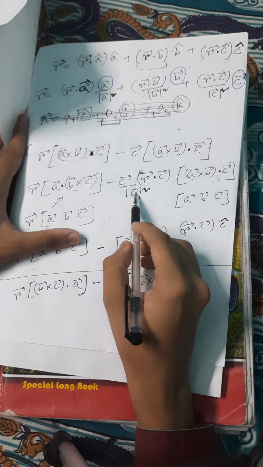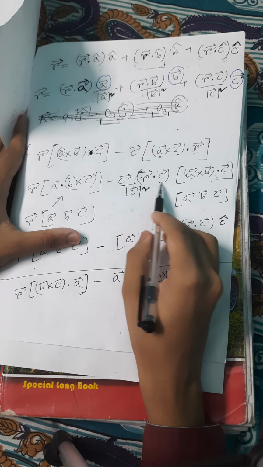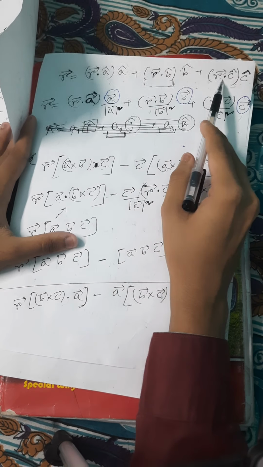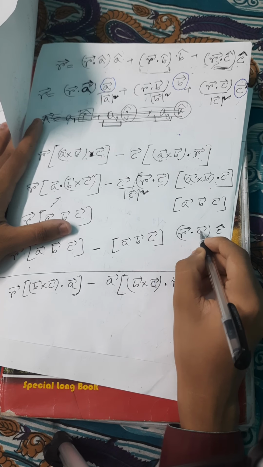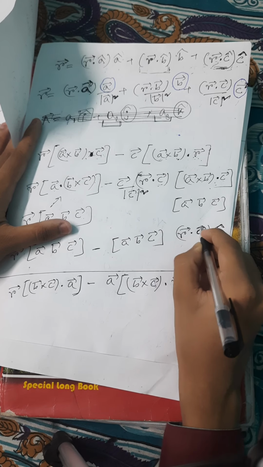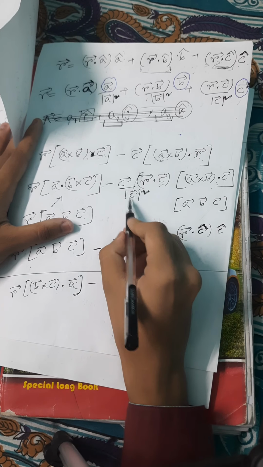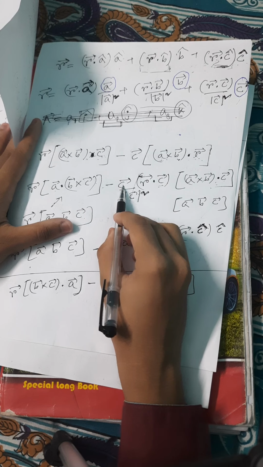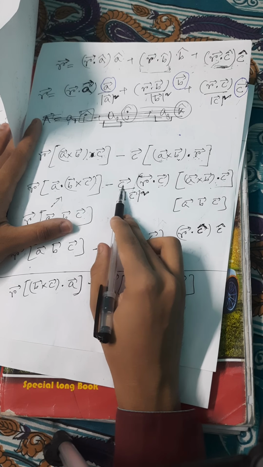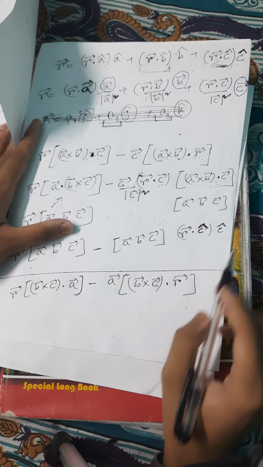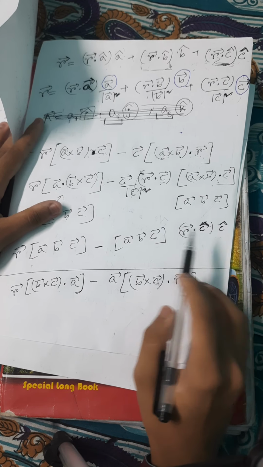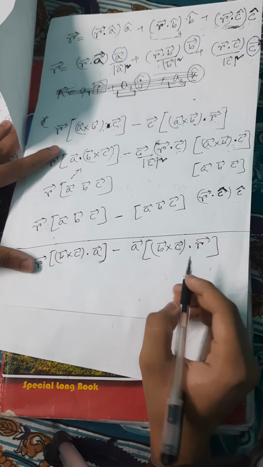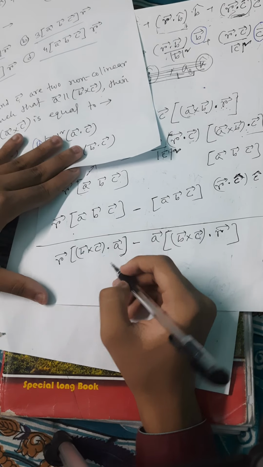One C vector divided by mod C will be C cap, and here will go another C cap. I basically should write this way. So 1 mod C square will create this unit vector, and one will create this unit vector. Why am I writing this structure? You will see in a minute why I am writing this way.